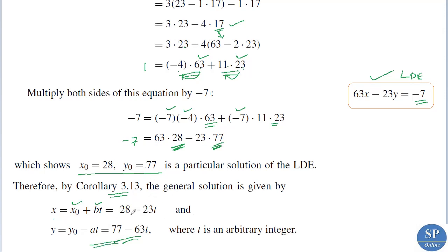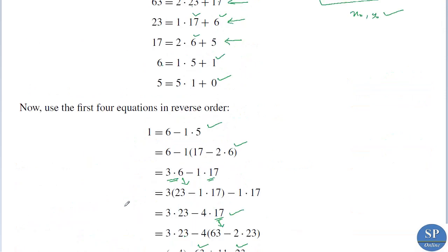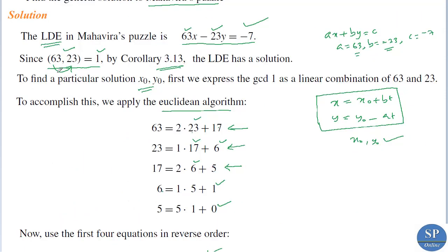To find the general solution, the method is: first we have to find the GCD of a and b, that is, the GCD of 63 and 23. Here the GCD is 1. Then we have to express the GCD as a linear combination of 63 and 23.